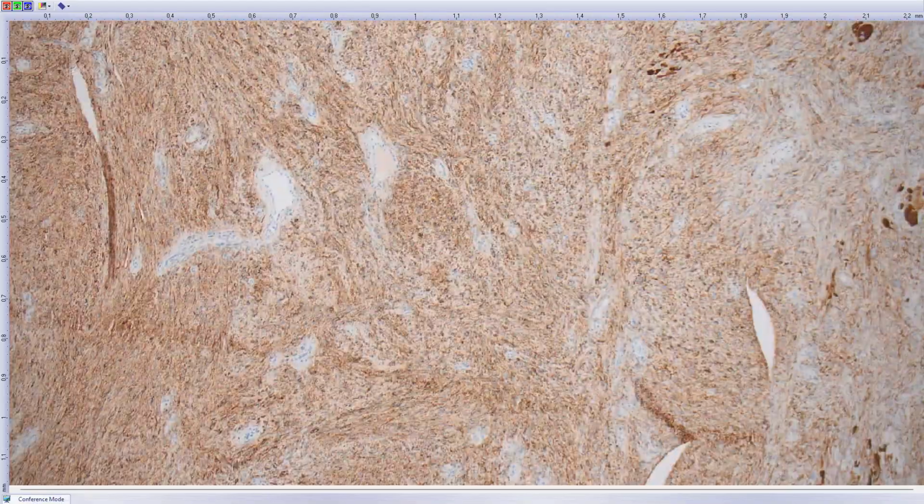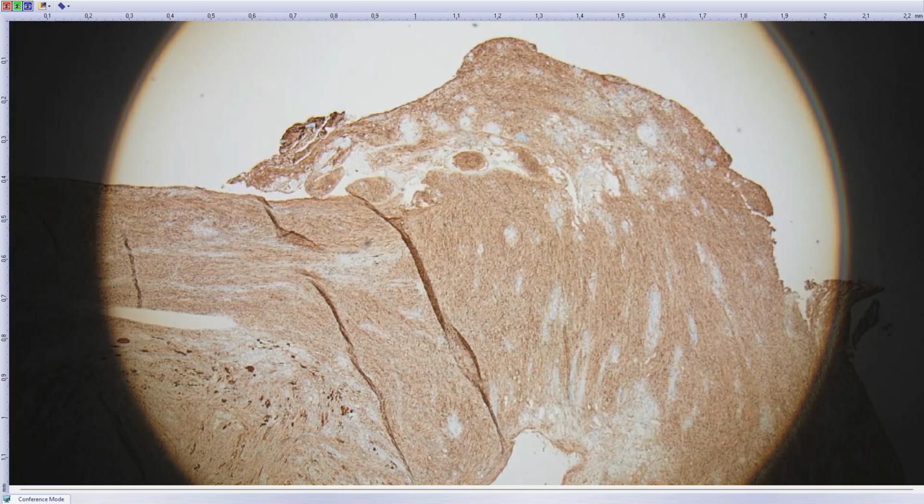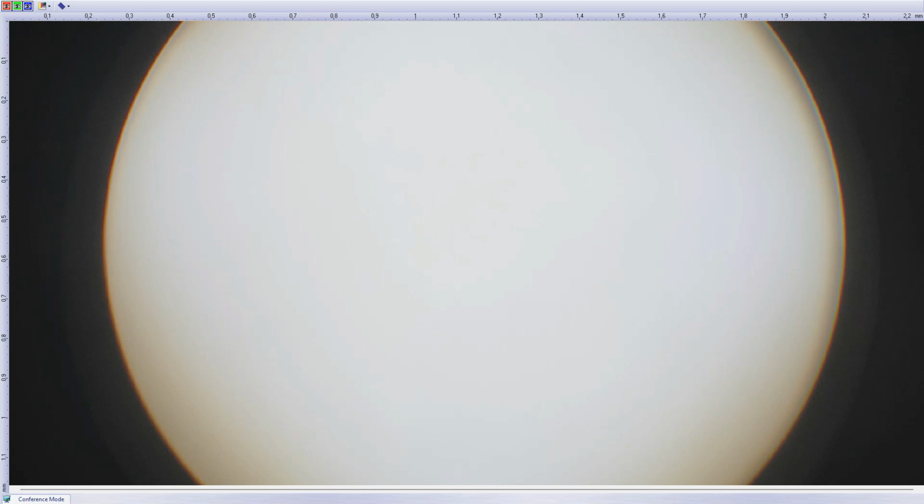I think SYNCAM3 is more commonly used, and it shows this diffuse, strong positivity, which is basically a confirmatory test, because about half of these tumors have PRDM10 fusions with various fusion partners, but the others have no known alterations. So the immuno is useful because it's positive in all tumors.